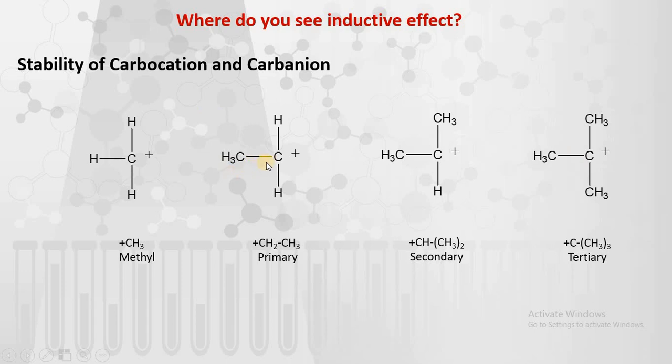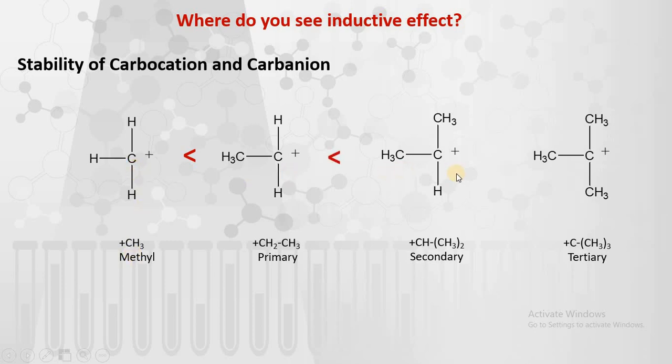If a carbocation is stabilized by electron donating groups, it stabilizes the positive charge. So here two carbon atoms are stabilizing it, and here three carbon atoms are stabilizing this positive charge. If you consider the stability of the carbocation here, this primary carbocation is more stable as compared to this methyl carbocation.